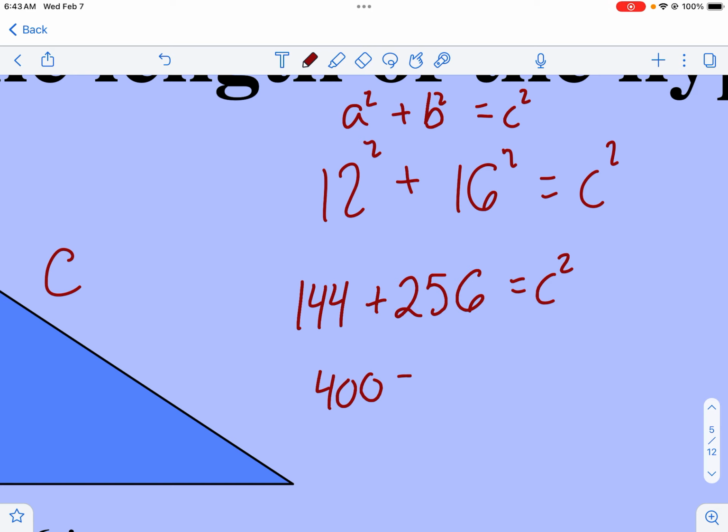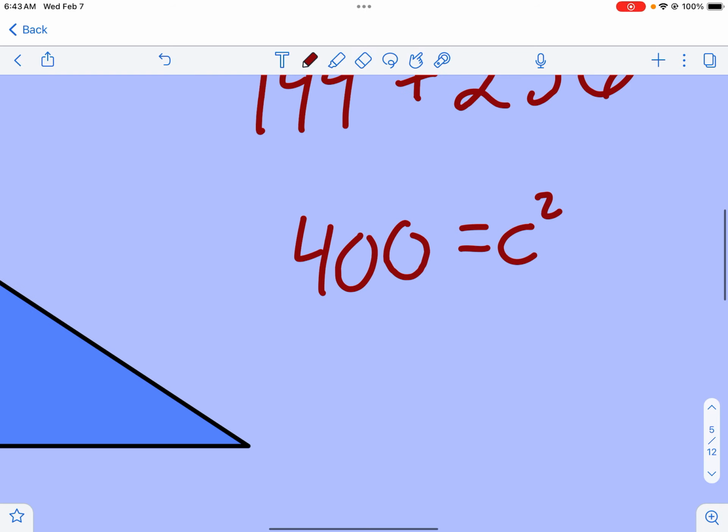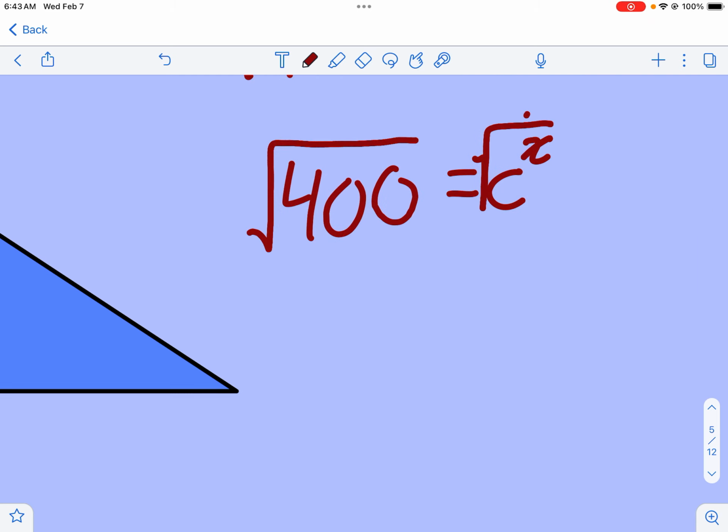And then again, to solve these, this is why we worked those square roots previously. We're going to take the square root of either side. A square and a square root cancel. They're inverse operations, just like multiplication and division, so they cancel. c is equal to plus or minus 20. Whenever we take a square root, it's always going to be plus or minus a number.